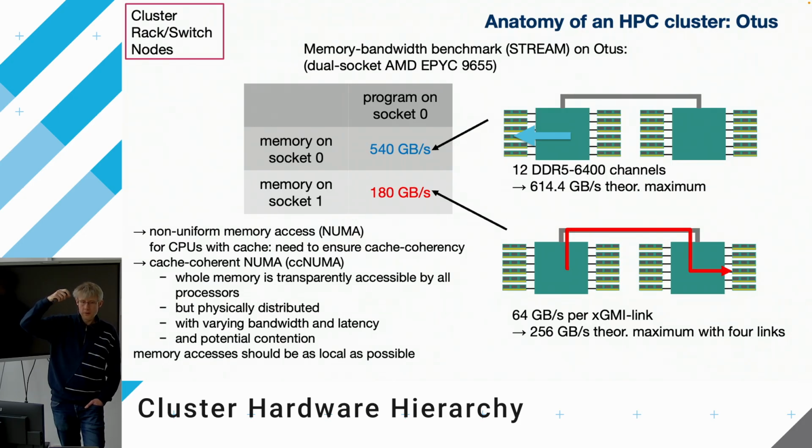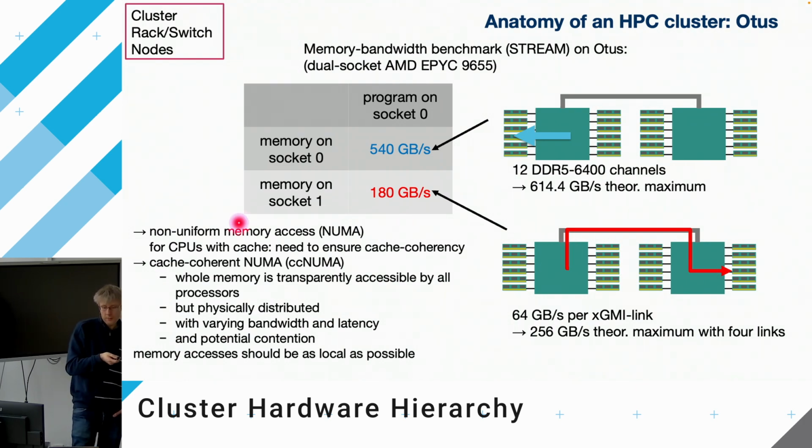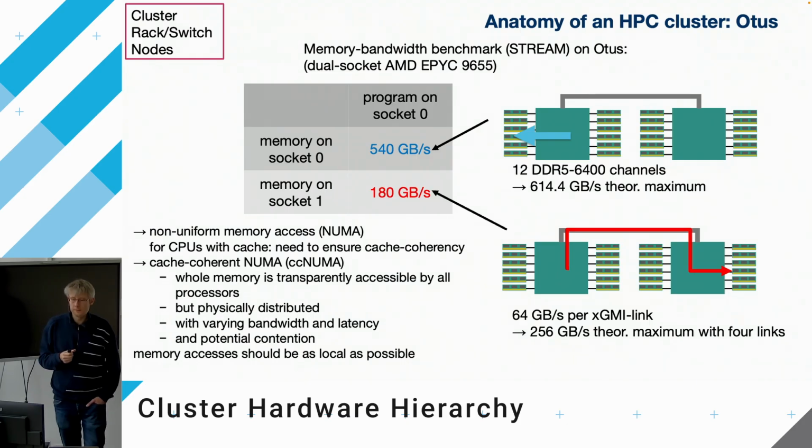However, not with the same performance. As we see here, there's a performance difference between accessing the directly connected memory and accessing the other memory. This kind of system we call a non-uniform memory access system, a NUMA system. This means that the performance is non-uniform depending on what kind of memory you are accessing.